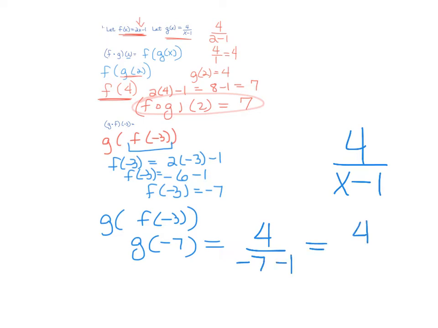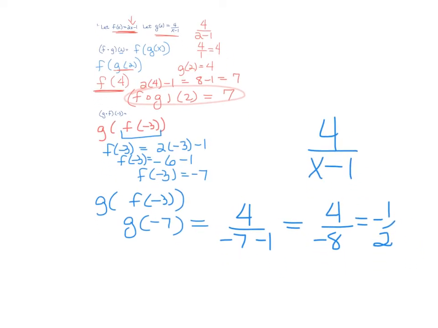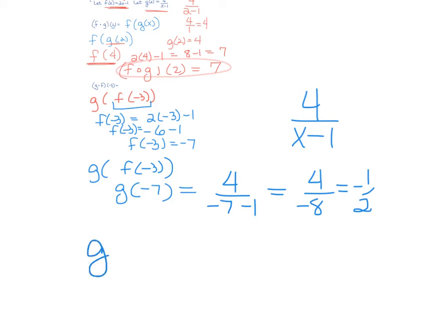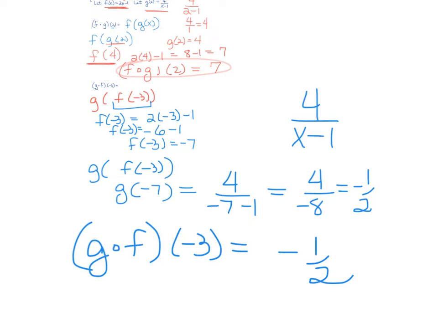And I get 4 over negative 8, which will simplify to negative 1/2. So the composite or composition of g and f when x equals negative 3 is negative 1/2.